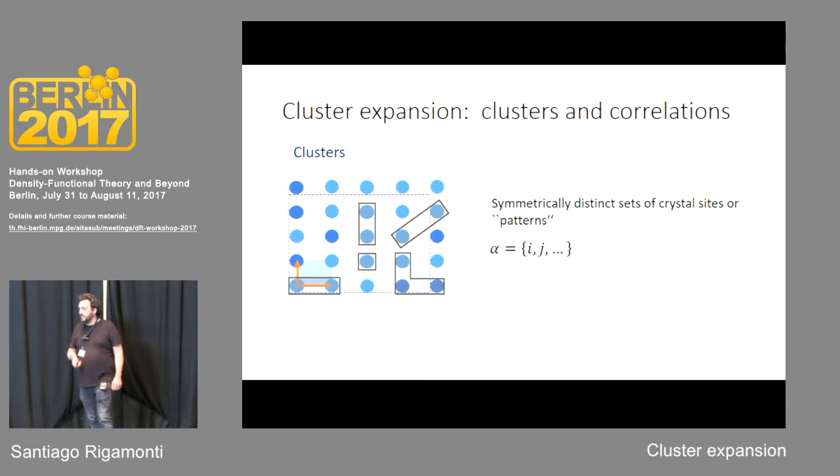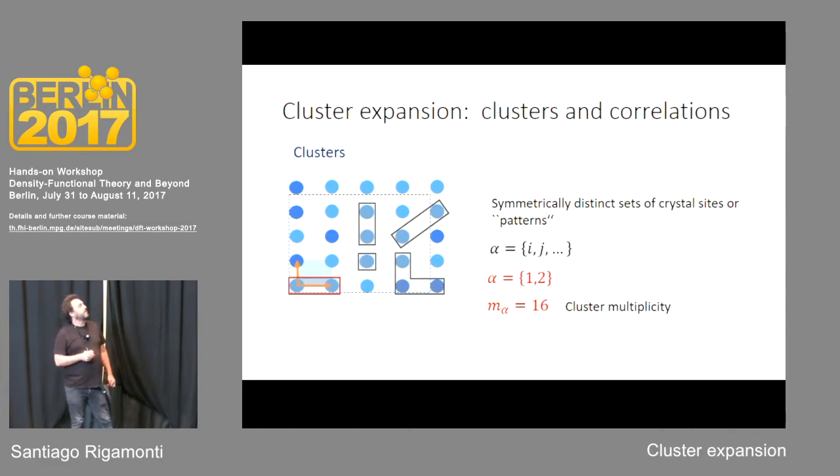All this we used in the calculation before. So basically, we call it alpha, and this is a set of sites 1, 2, or whatever. For instance, we can indicate this cluster if we enumerate the crystal sites like 1, 2, 3, 4, 5, 6, 7, and so on. So this cluster would be just the set 1 and 2. And then we have another quantity that is the multiplicity of the cluster.